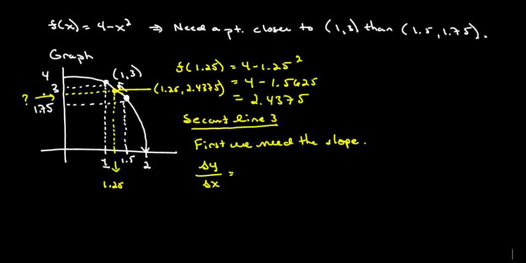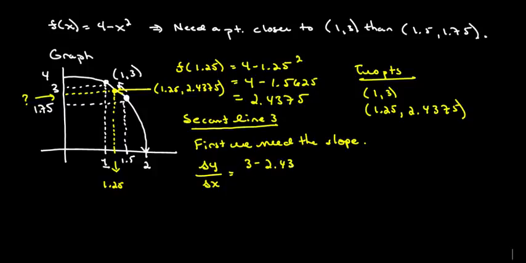Well, that's this length here on the y-axis, basically the difference between our height value of 3 and our height value of 2.4375. So if I grab these 2 points, the change in the y value is going to be 3 minus 2.4375. That's this one minus this one.